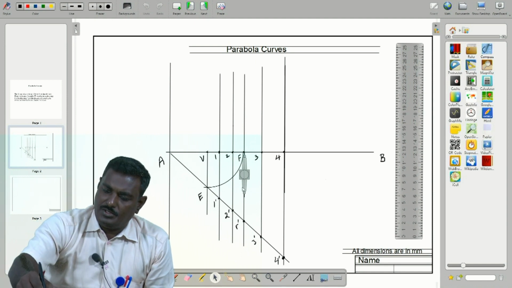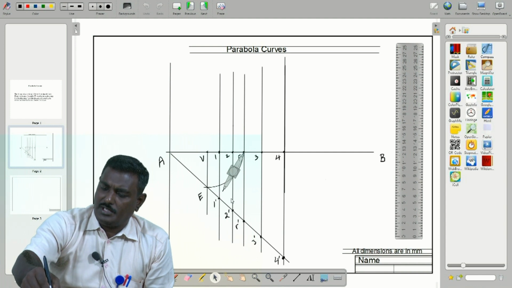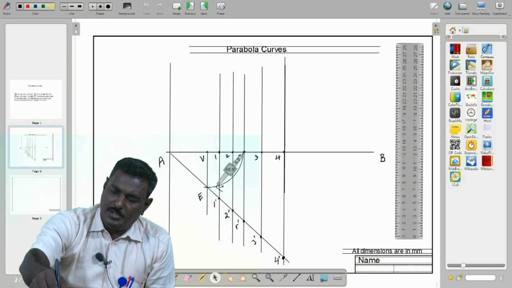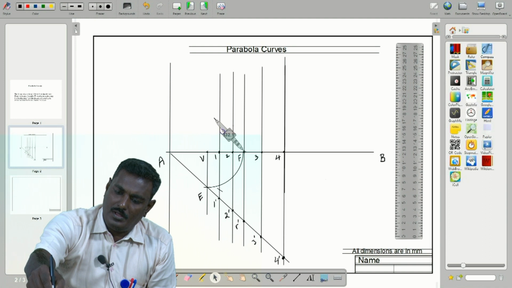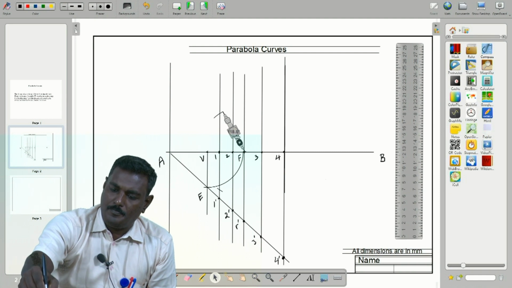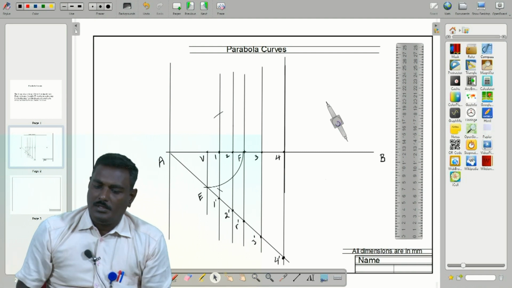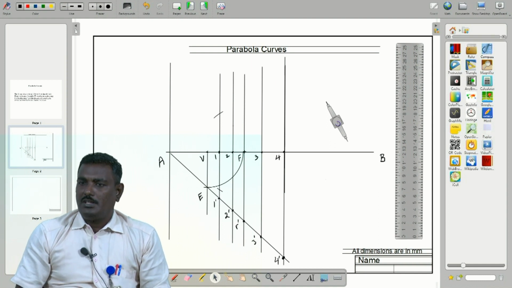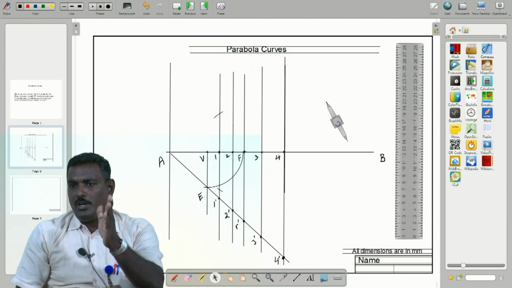Here now we have to rotate, because there is no need to extend this curve. Rotate and make an intersecting arc, so the curve intersects the line passing through point 1.